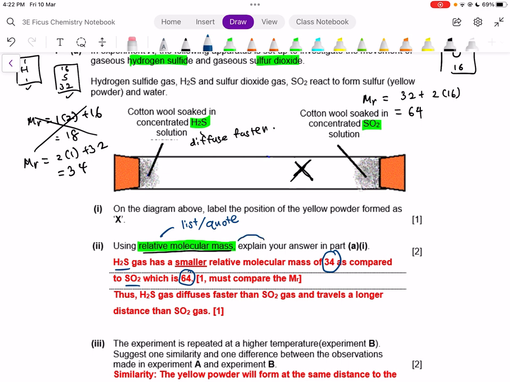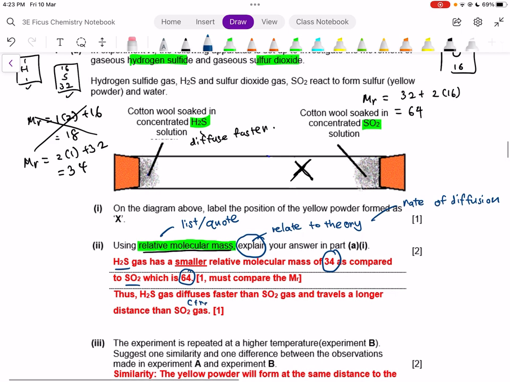Explain means you relate to theory. So what's the theory here? You must compare the rate of diffusion. So you don't say what travels faster, sometimes I use this term travel rather than diffuse, but the concept here is diffusion.